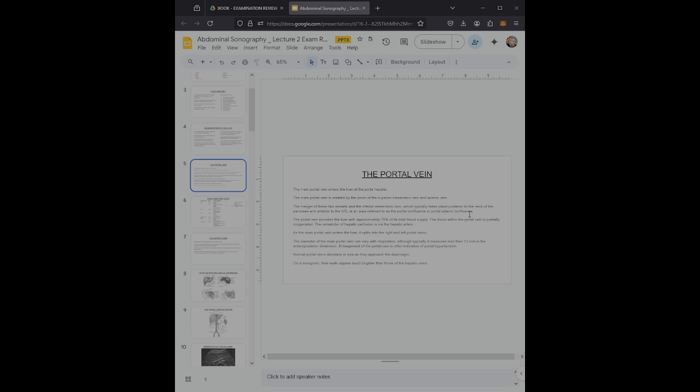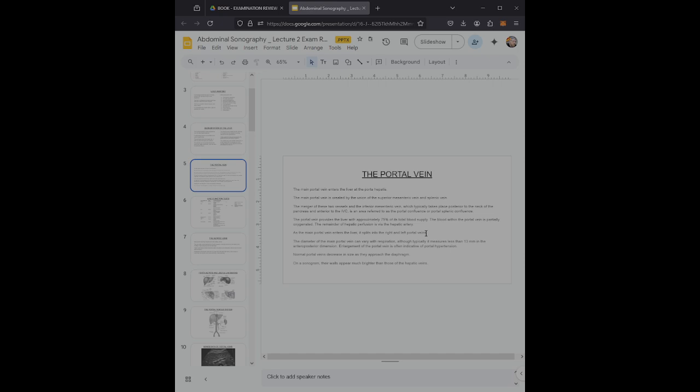So we come to the portal vein, and the portal vein is the main vein that enters the liver at the porta hepatis. The portal vein is created by a union of the superior mesenteric vein and the splenic vein.